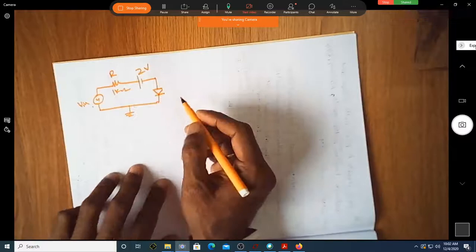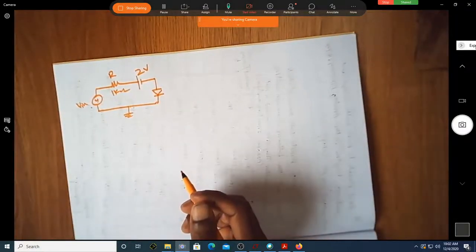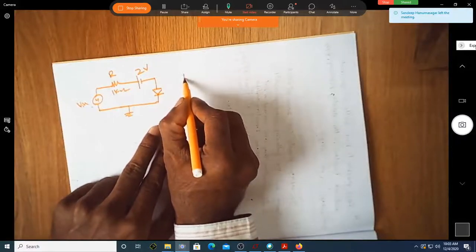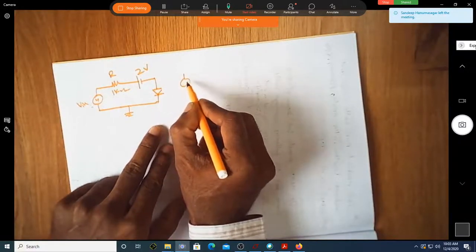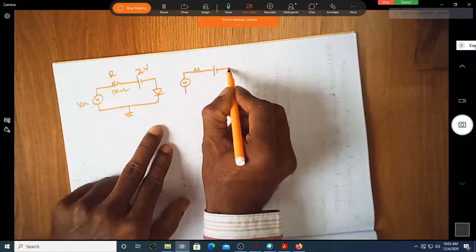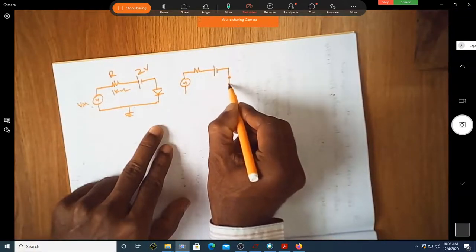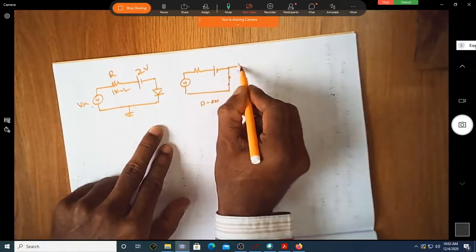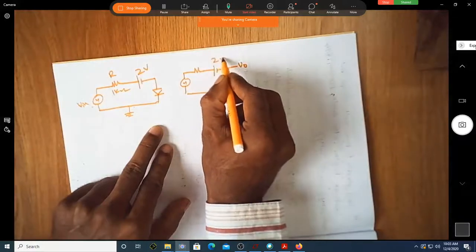Okay, let us write the two equivalent circuits when the diode is on and off. When the diode is on, the circuit diagram would be something like this. It will be a short circuit. This is when it is on, then it is 2 volt.